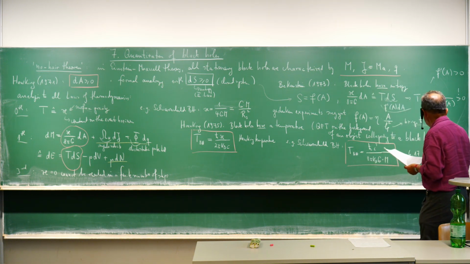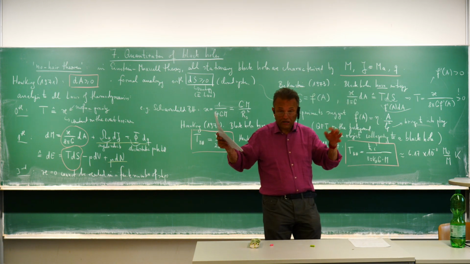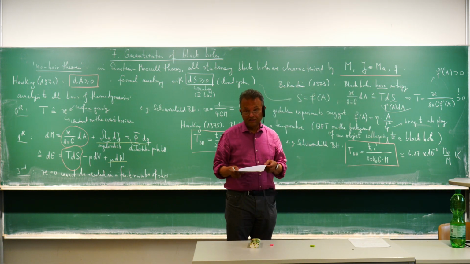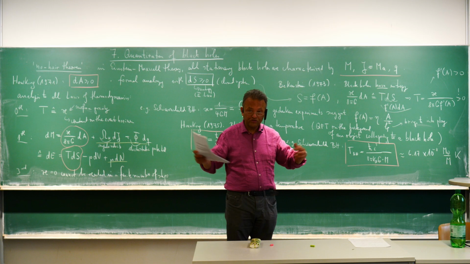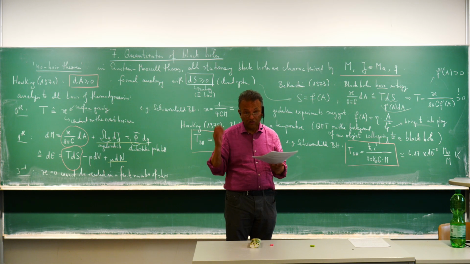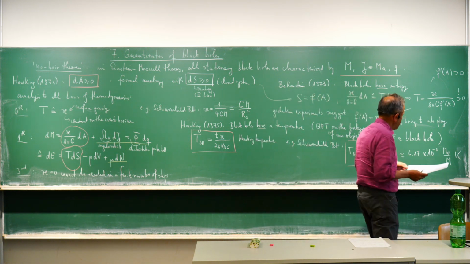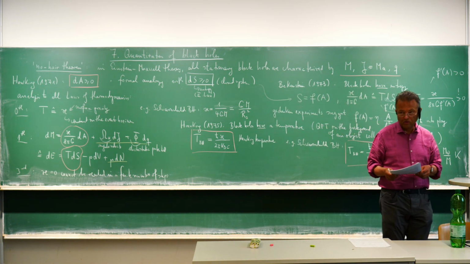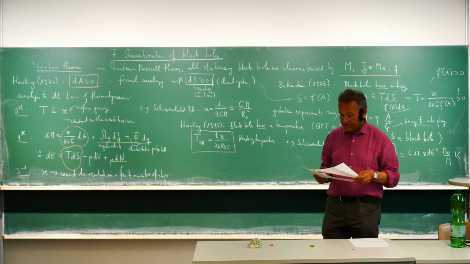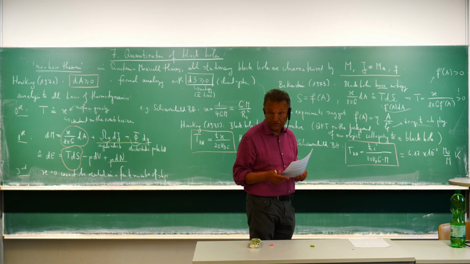But you see, this is a tiny temperature, much smaller than the 3 Kelvin background radiation in the universe. So for astrophysical black holes, much more goes in from the CMB photons than goes out. So you cannot hope to measure it for astrophysical black holes. It's much too small, but nevertheless it's non-zero. And if you had black holes with small mass, and I will say something on them, then you could in principle have a high temperature.